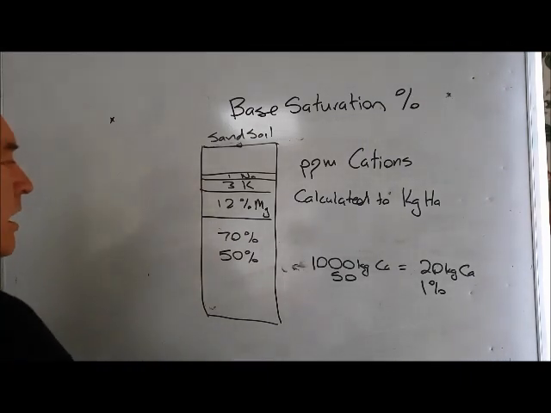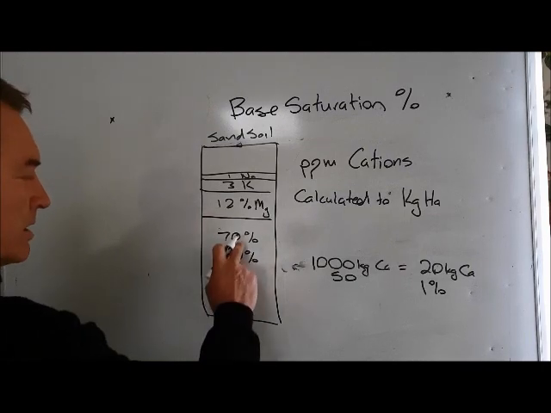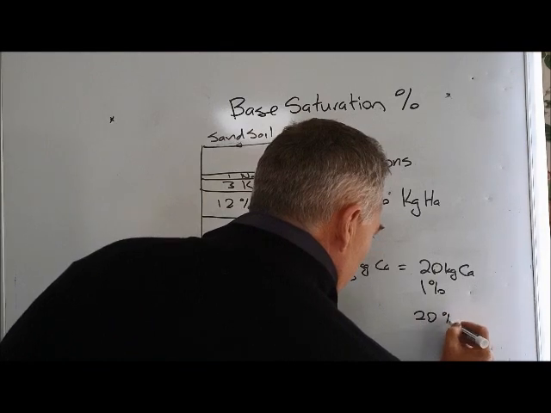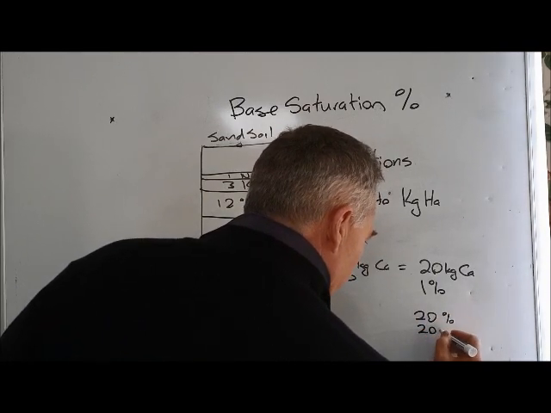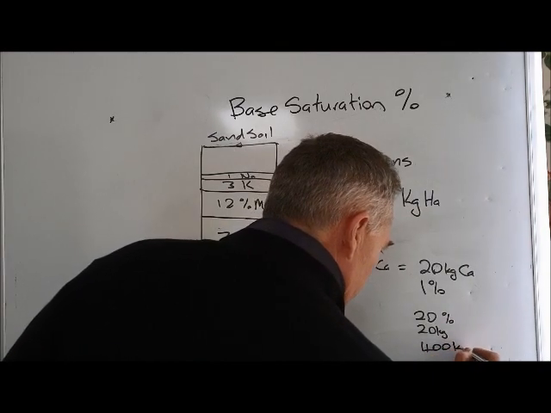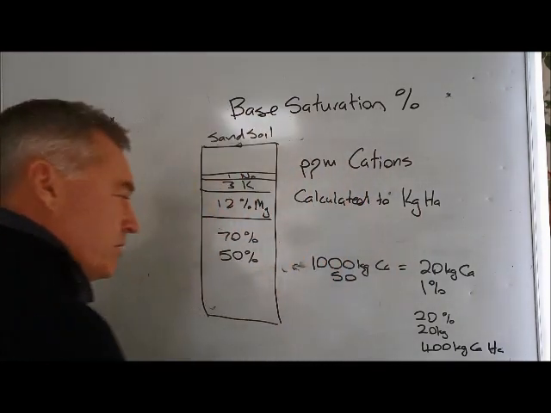So in this case, say we want to lift it by 20%, we go 20% rise times 20 kilograms of calcium per hectare equals 400 kilograms of calcium per hectare required on a sand soil to lift it by 20%.